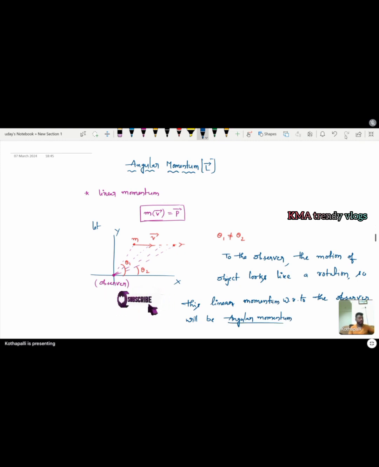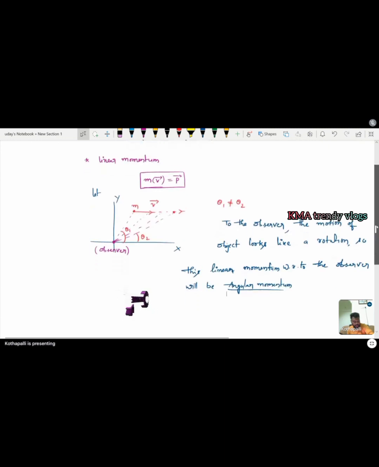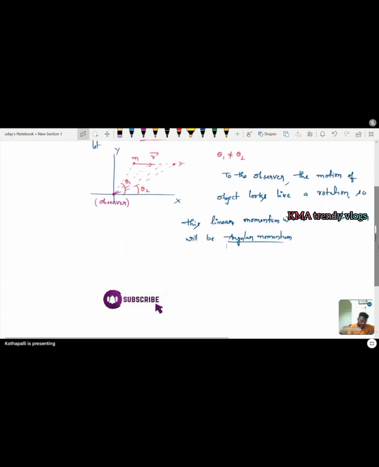So simply, another name I said: moment of momentum. I mean the rotational effect of linear momentum. Another name, I said, is moment of momentum. This is the technical definition.